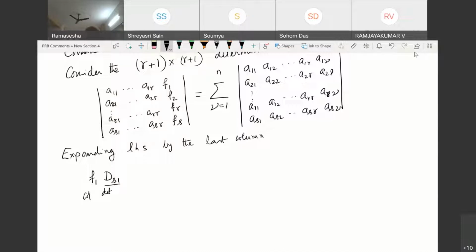It's a cofactor determinant. And then I'll have f2 Ds2 plus etc. And when I come to fs, it will be determinant r.